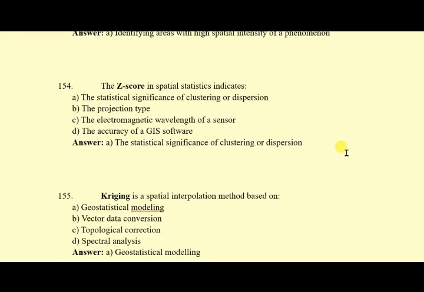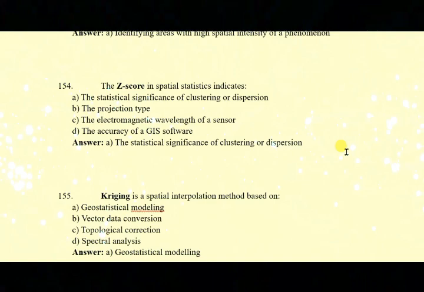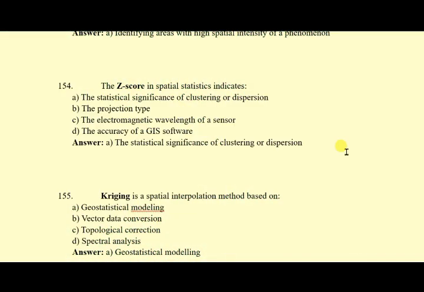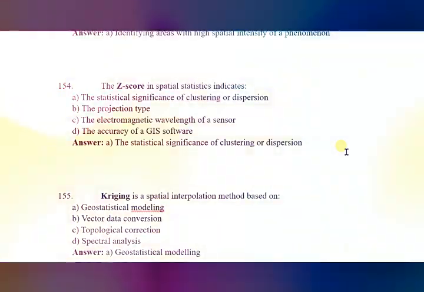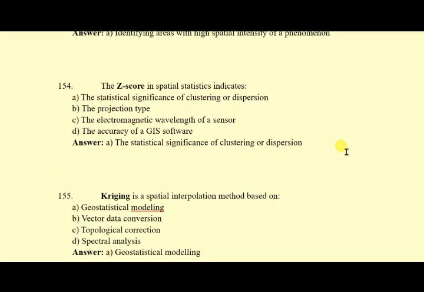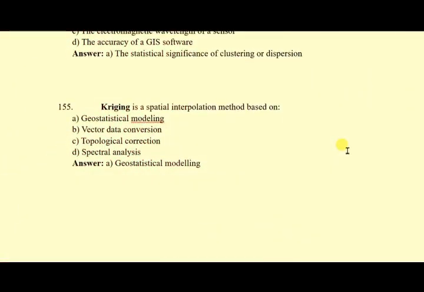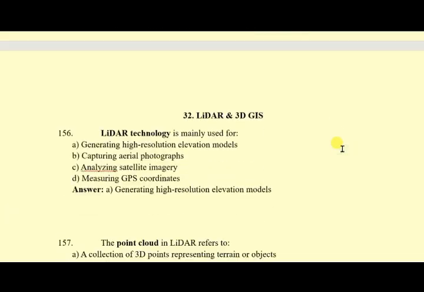The Z-score in spatial statistics indicates the statistical significance of clustering or dispersion, the projection type, the electromagnetic wavelength of a sensor, the accuracy of a GIS software. Here the right answer will be statistical significance of clustering or dispersion. 155. Kriging is a spatial interpolation method based on geostatistical modeling, vector data conversion, topological correction, spectral analysis. Here the right answer will be geostatistical modeling.